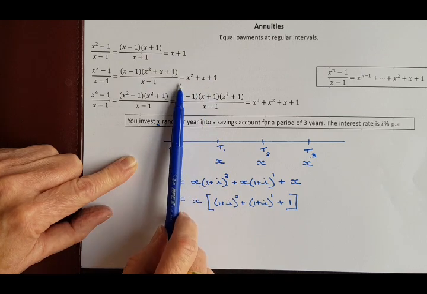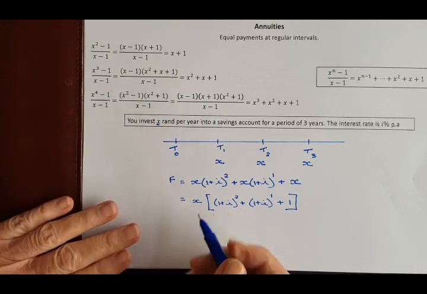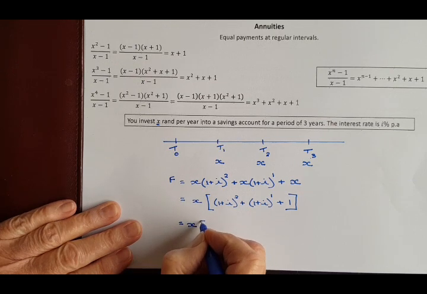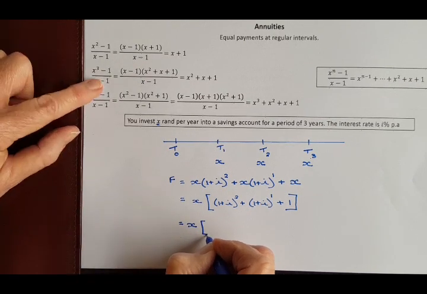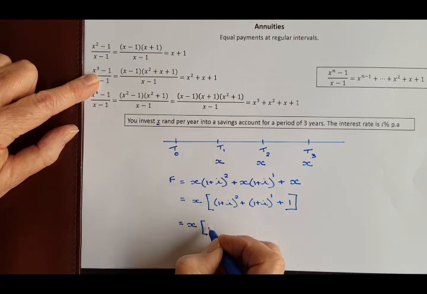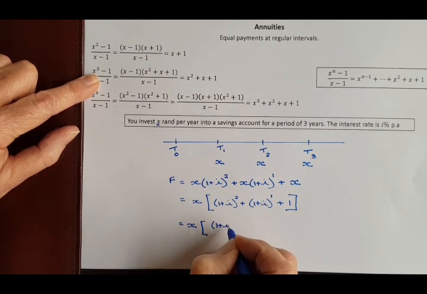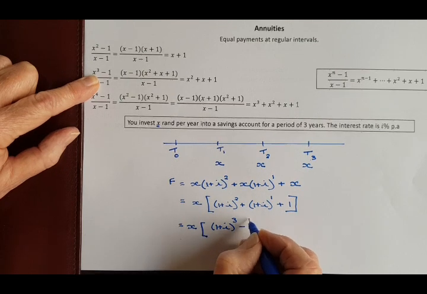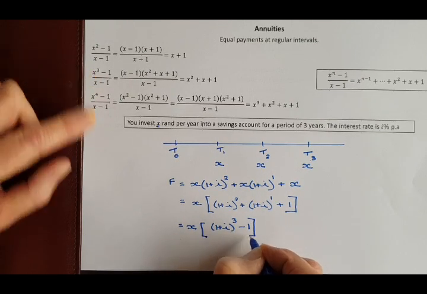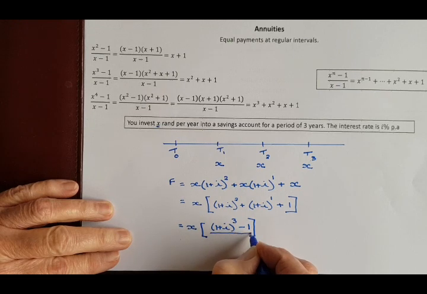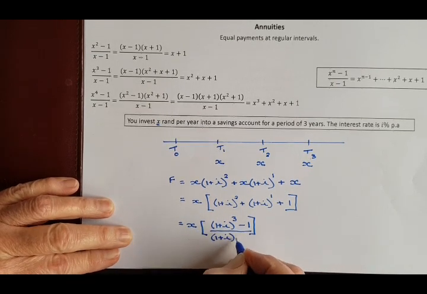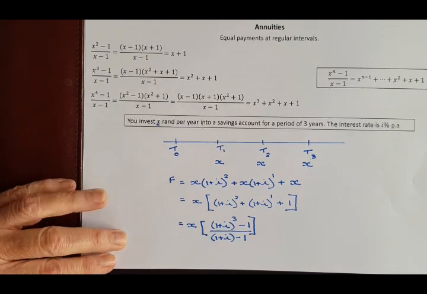Using that result over there, I can say that this is x times the bracket to the power of 3 minus 1 all over the bracket minus 1.